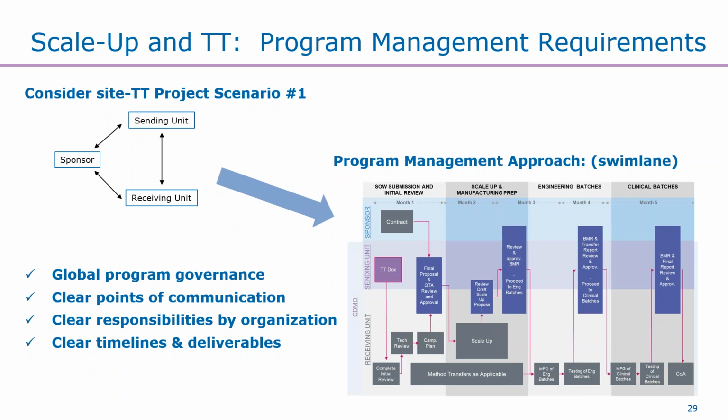First of all, this is the guiding document for global program governance. Second of all, it should allow for clear points of communication between the organizations and clear responsibilities for each organization. And finally, clear timelines and deliverables.